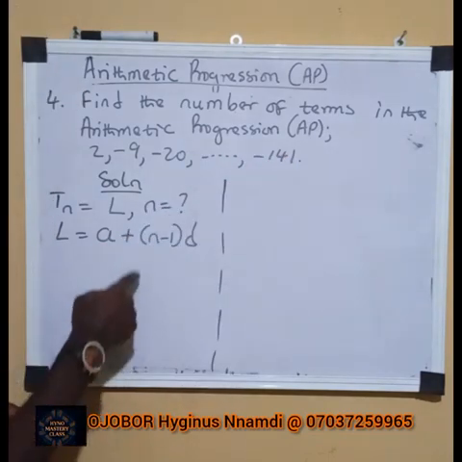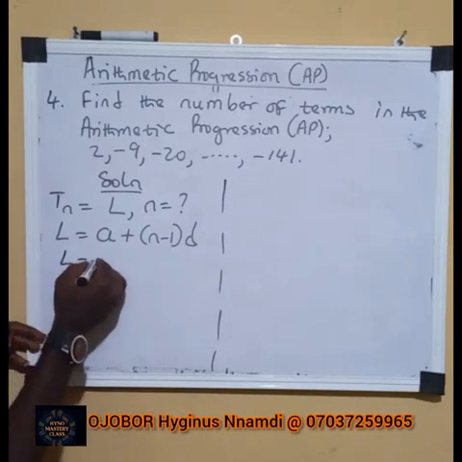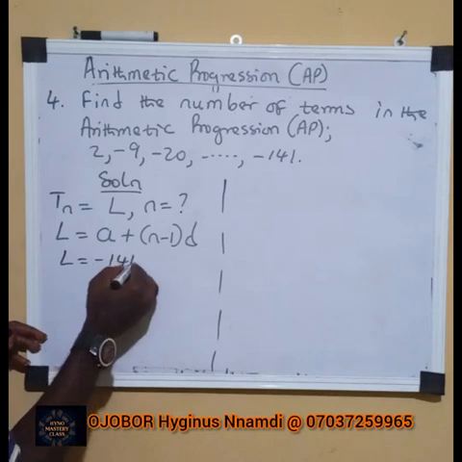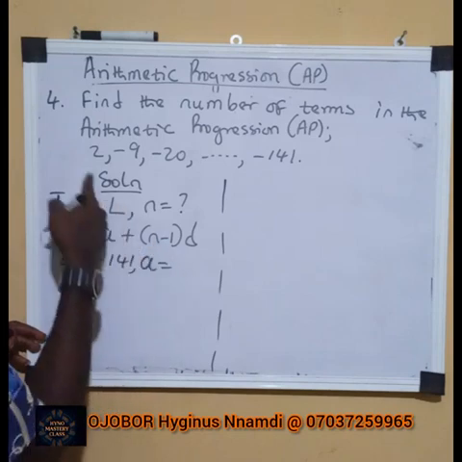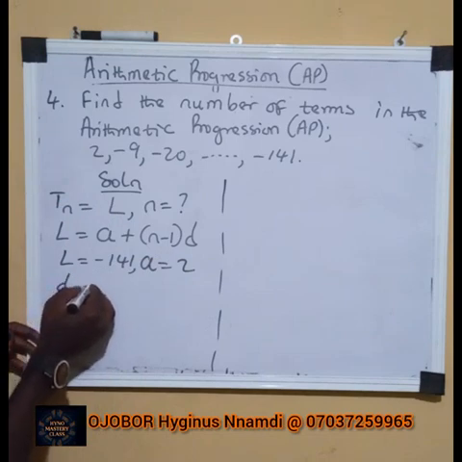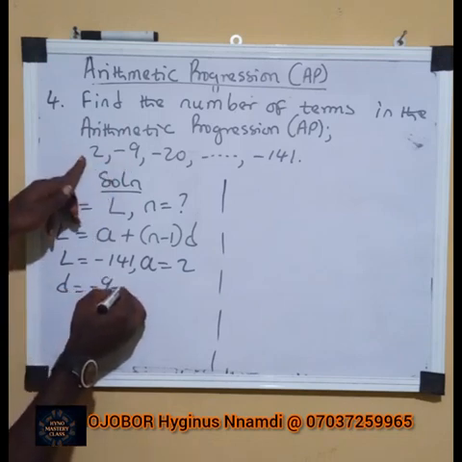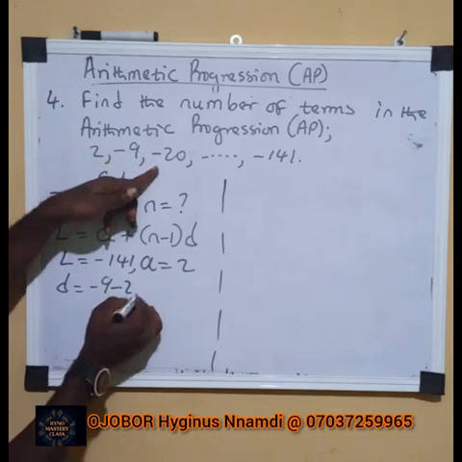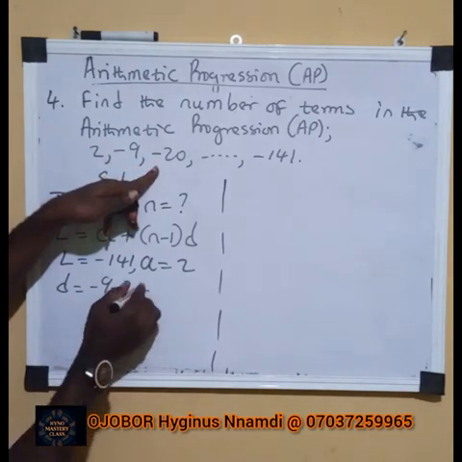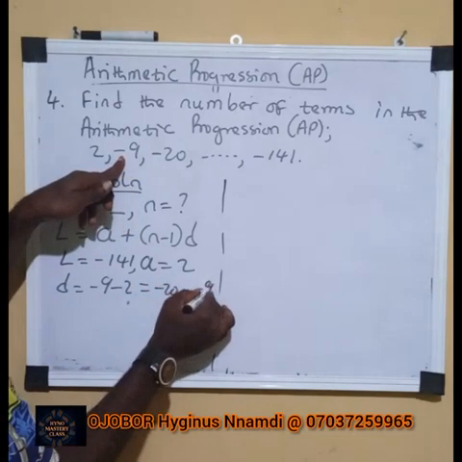So, if we say that the last term is -141, that is L is -141, A is the first term, that is 2. Then the common difference is the second term minus first term, that is -9 minus the first term, which is 2, or -20 minus -9.